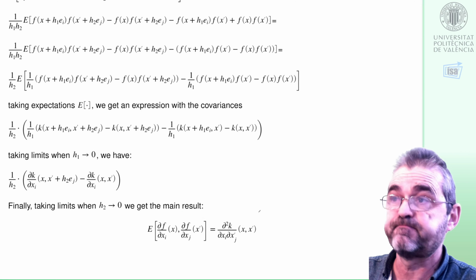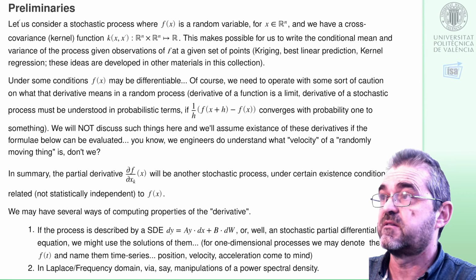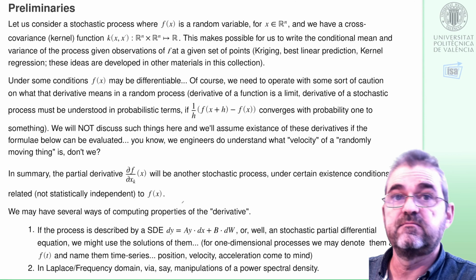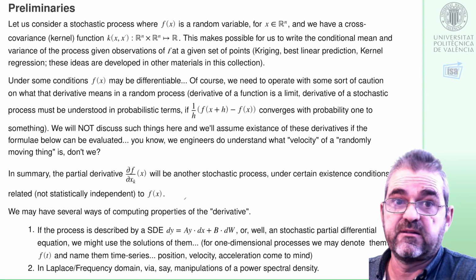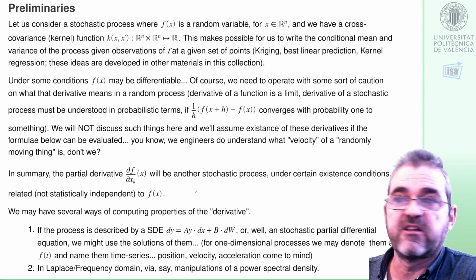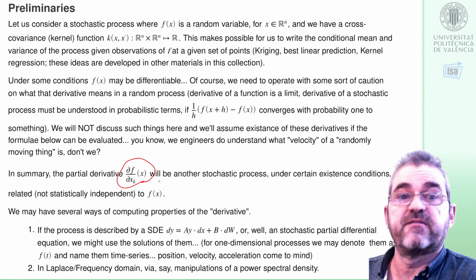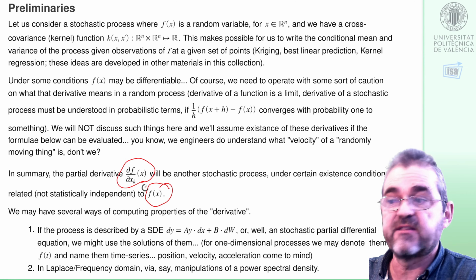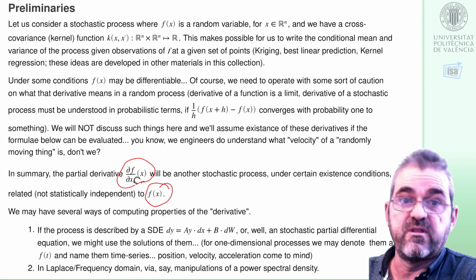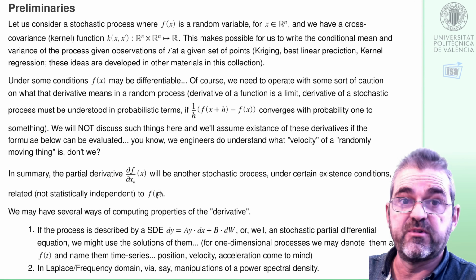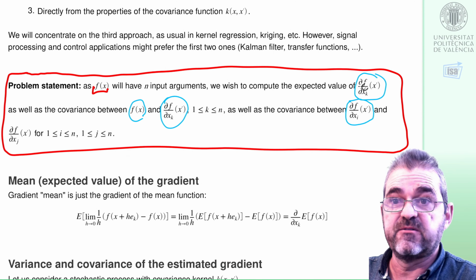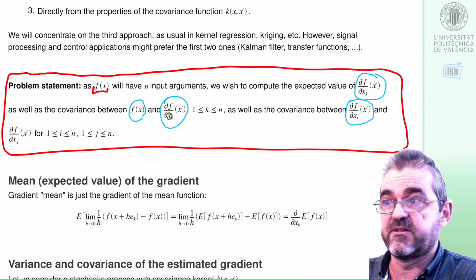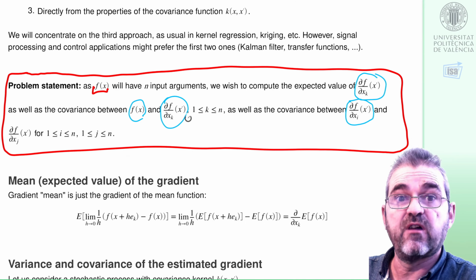So we will conclude. In this video, we have discussed that measuring velocities, partial derivatives, may be useful in some applications, or, well, measuring positions, I can estimate velocities. So the partial derivative of a stochastic process will be another stochastic process with some covariance, some statistical correlation with the originating process. Computing the expected value and the statistical properties, the covariance between partial derivatives and the original process, has been the objective of this video.